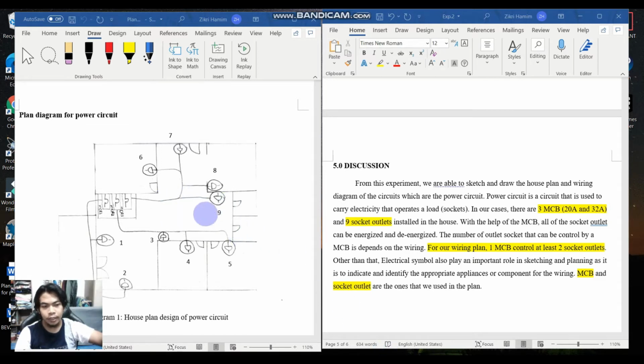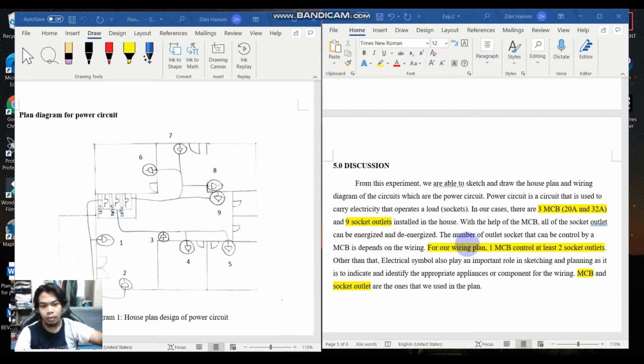As we can see in our house plan, there are 3 MCBs which are 20 ampere and 32 ampere, and 9 socket outlets installed around the house. With these MCBs, all of the 9 sockets can be energized and de-energized using the MCB.